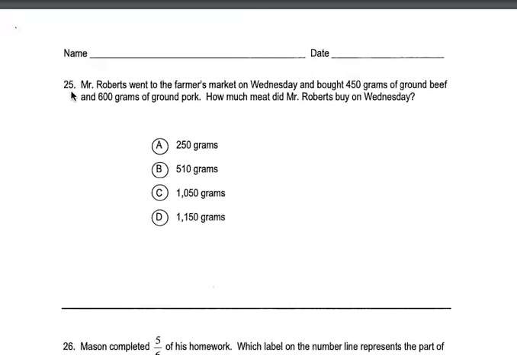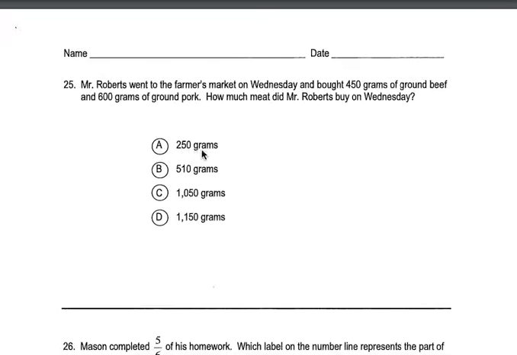Number 25. Mr. Roberts went to the farmer's market on Wednesday and bought 450 grams of ground beef and 800 grams of ground pork. How much meat did Mr. Roberts buy on Wednesday?